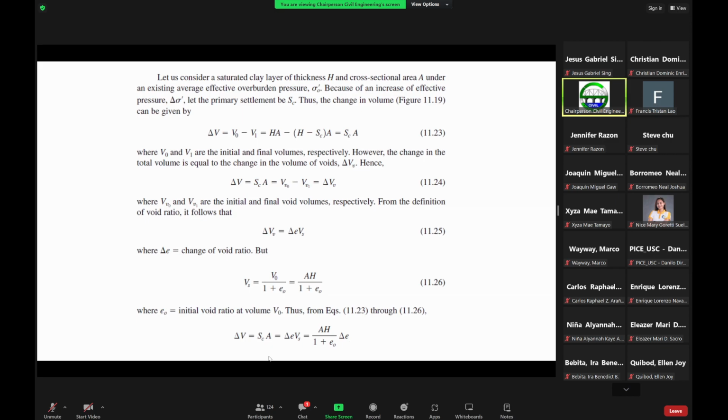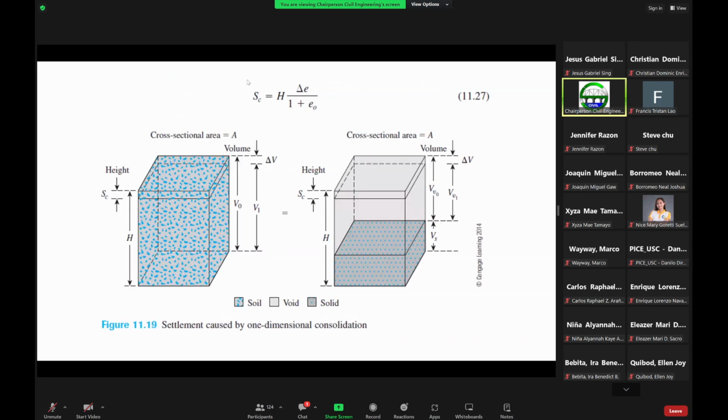So which means now that if we equate this term here, because we want to derive the formula for the primary consolidation settlement, if you equate this term here with this term, then the area can be cancelled out. So the primary consolidation settlement is now equal to this equation here, which is now the height of the soil element multiplied by the change in the void ratio over 1 plus the initial void ratio.